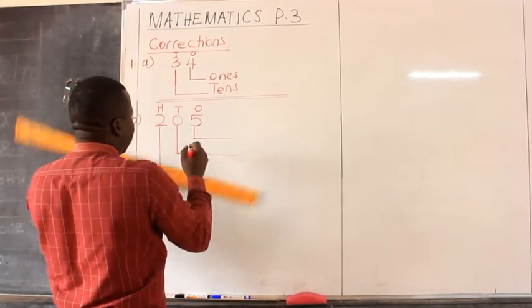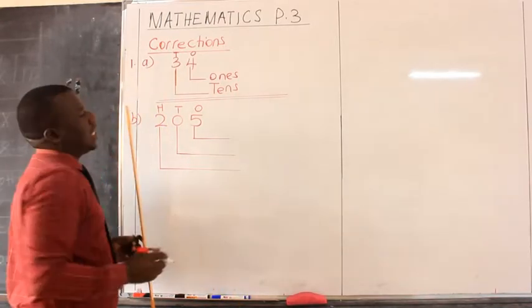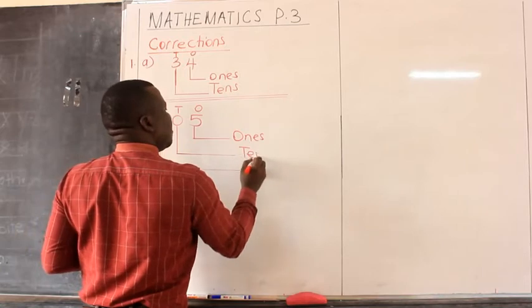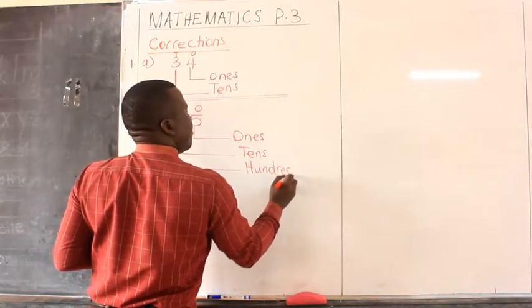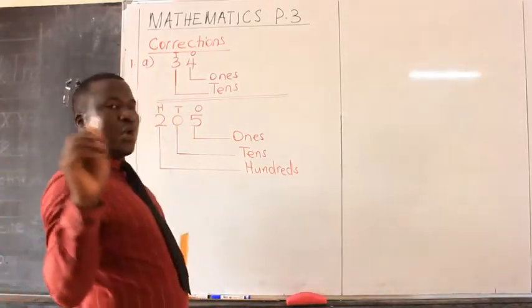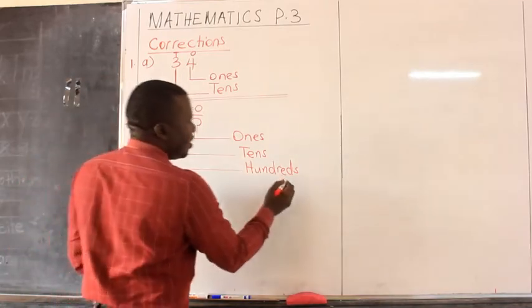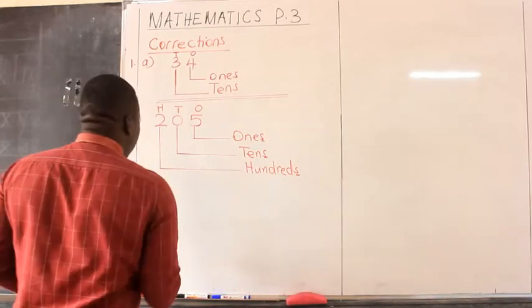This is ones, tens, hundreds. And remember, I told you place values are plurals. They end with S. So that was part B.